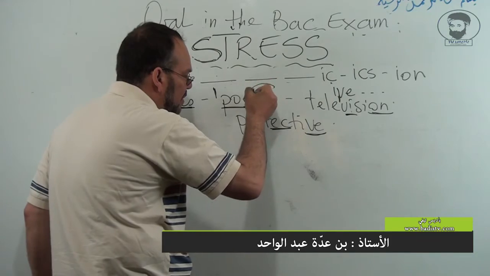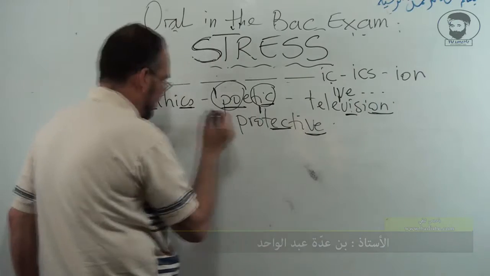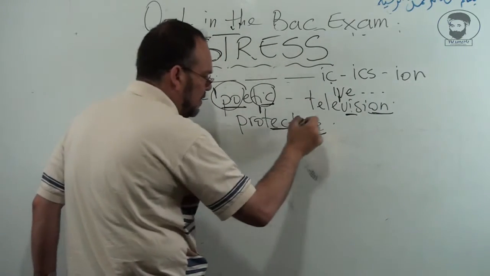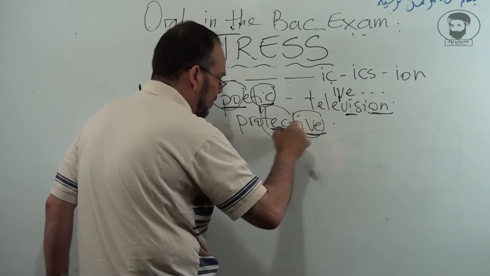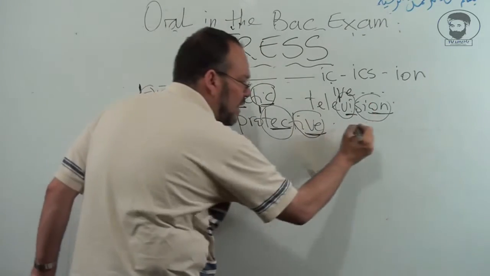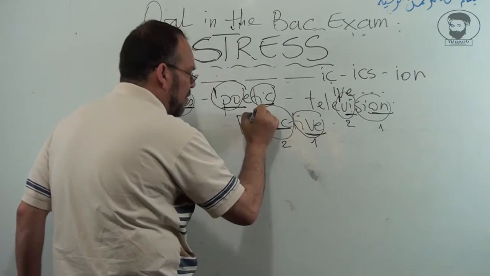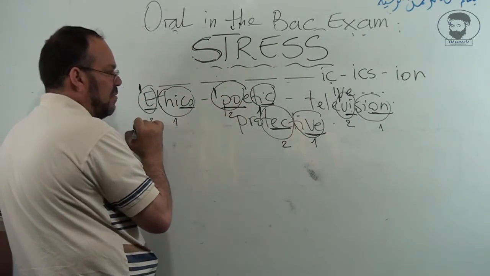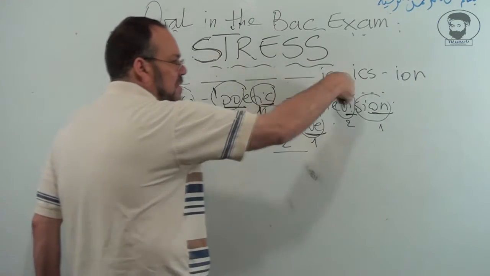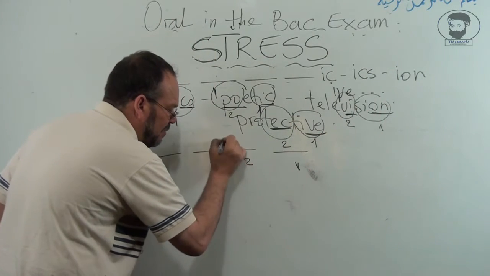Look, this is a syllable, and this is a syllable. So you count from the end. You go to the end of the word and say 1, 2. If there are many syllables in the word, and it finishes with those endings, you go to the last part, you say 1 and 2, and you put the stress on the second one.